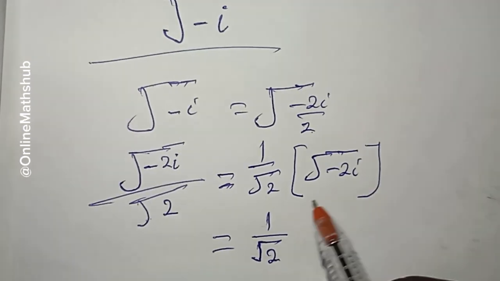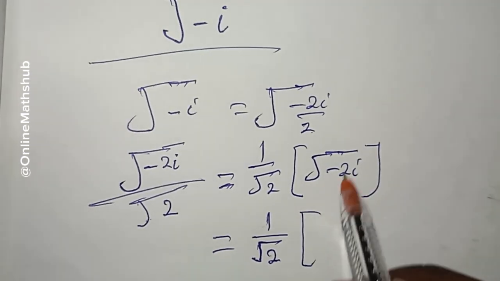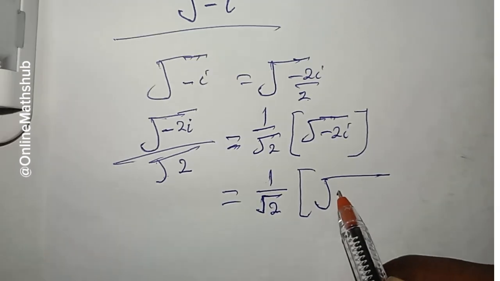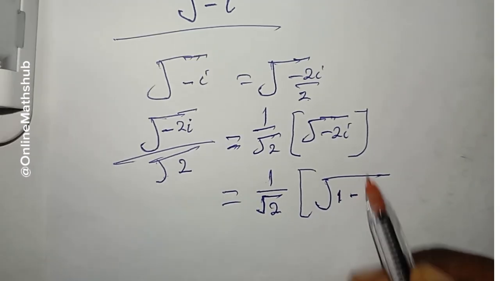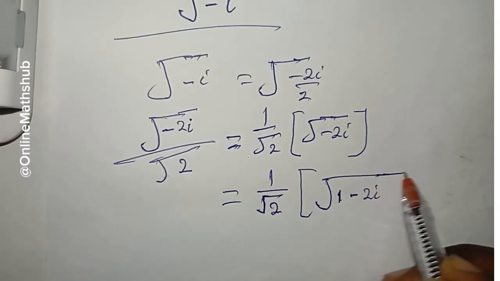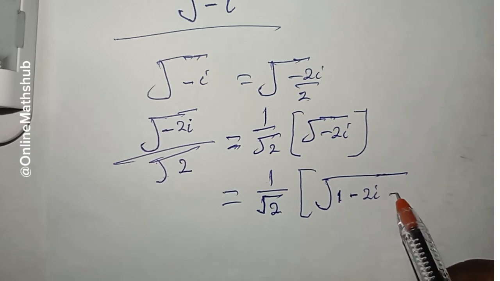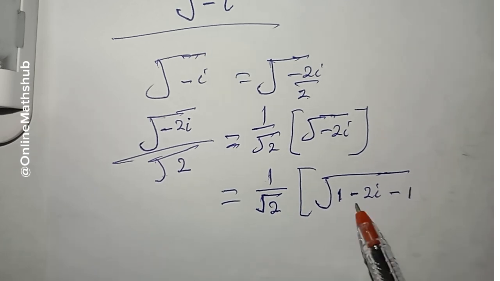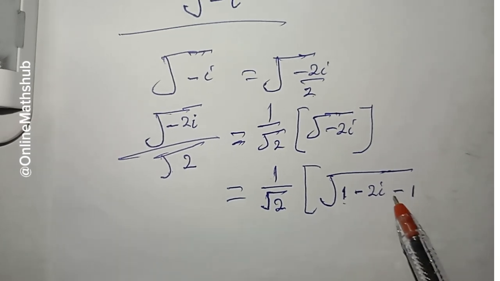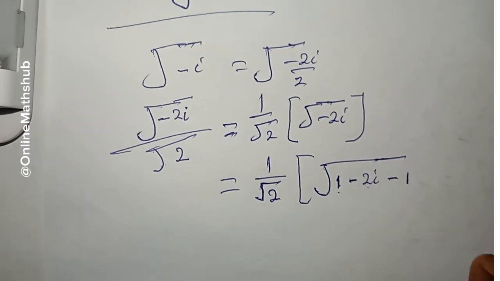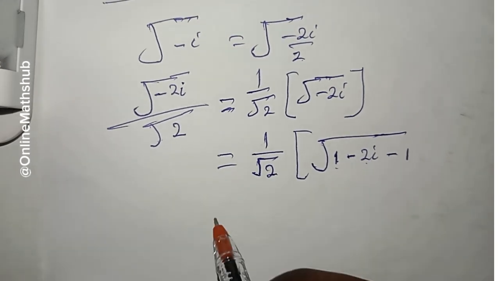Then this is 1 over root 2, and then I can just go ahead to add 1. This is 1 minus 2i, and then I can also remove this 1 I've added. So 1 minus 1 is 0, and then I'm back to root negative 2i.